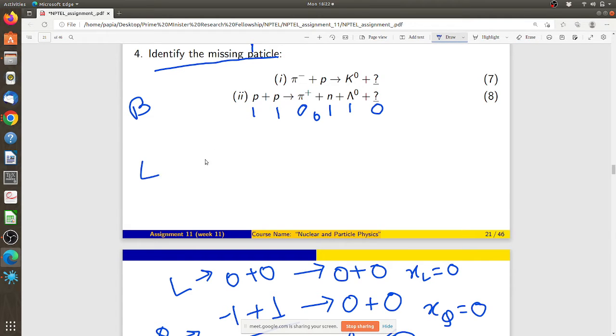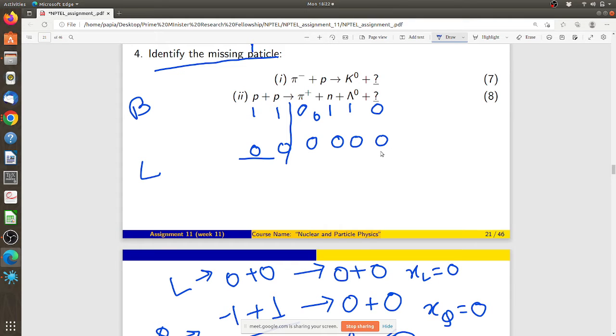Neutron is also not a lepton. See, which one is the baryon? That one cannot be a lepton. So this one is also 0, and pi plus is a meson. It is not a lepton, or it is not a baryon also. So that means it has a 0 value. So what will be the value of YL? So 0.